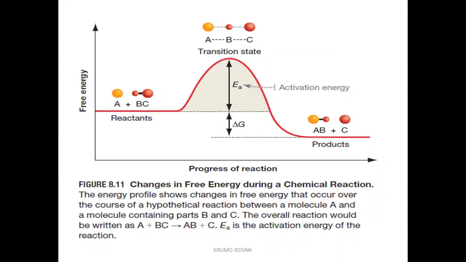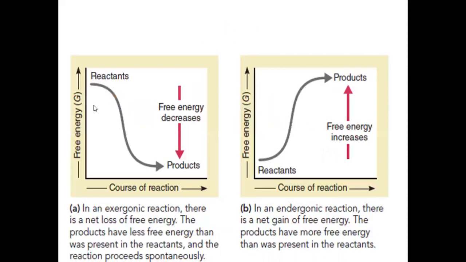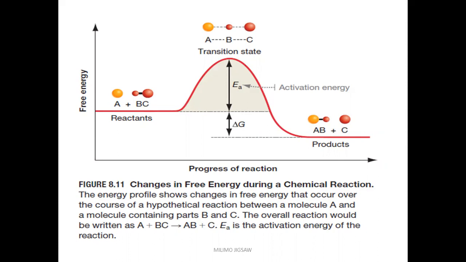This is a summary of what happens in a reaction. This will also become critical when we start looking at enzymes, because we are going to see what enzymes do during this reaction.